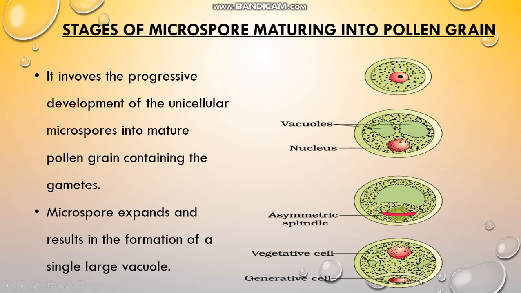On the other hand, the second cell is the generative cell, and it is smaller in size. It is spindle in shape. Spindle means pointed at the edges and thick in the middle, and it has a spindle-shaped nucleus. Now this generative cell separates from the microspore wall and is engulfed into the vegetative cell. So in a mature pollen grain, we find that the generative cell floats in the cytoplasm of the vegetative cell.